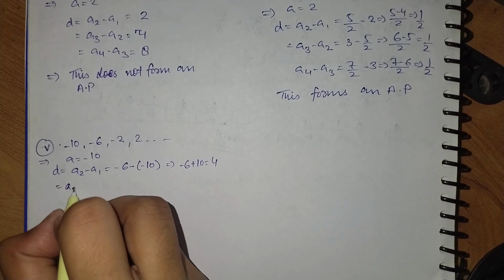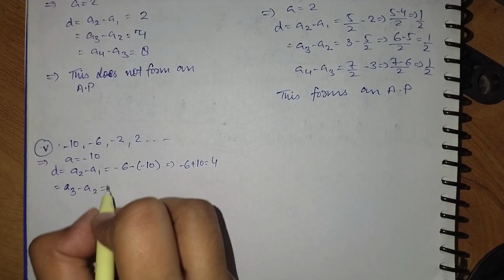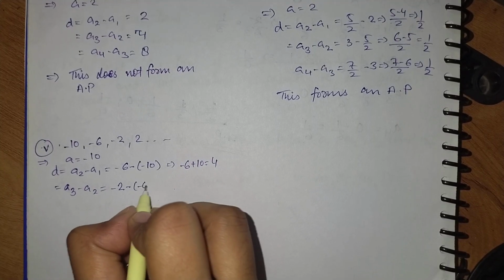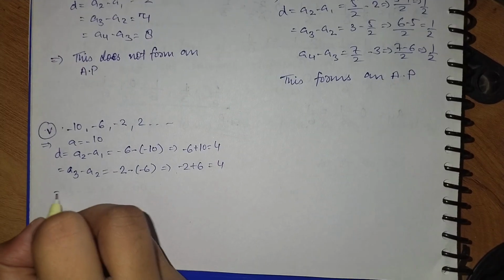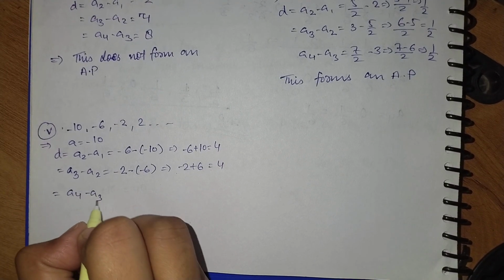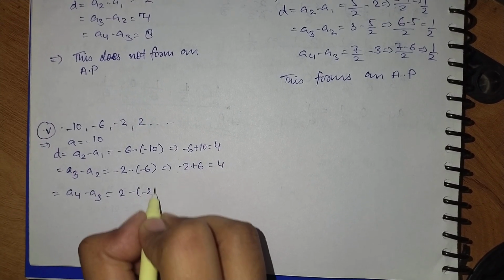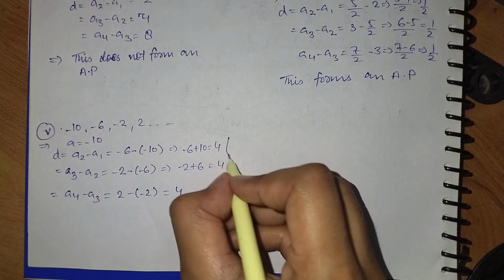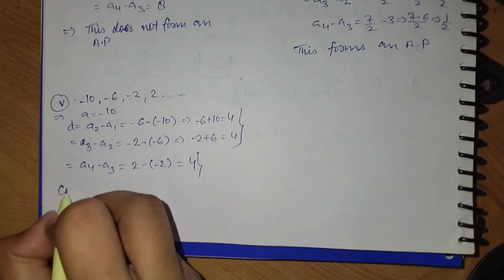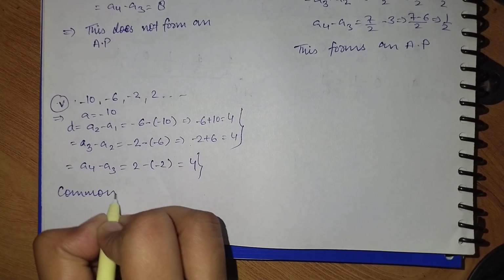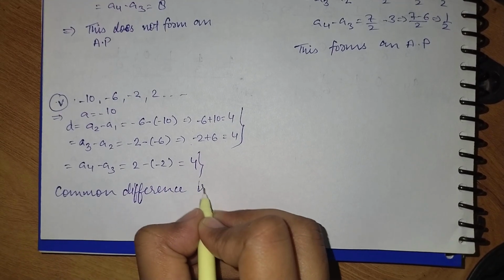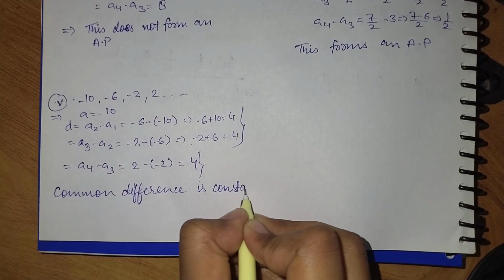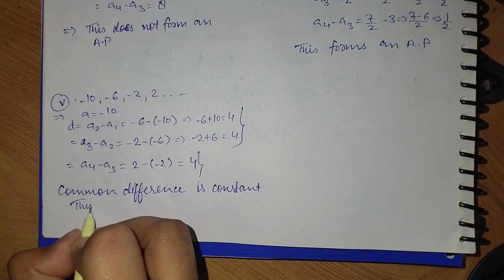Now A3 minus A2 equal to minus 2 minus minus 6 equal to minus 2 plus 6 equal to 4. Now A4 minus A3 equal to 2 minus minus 2 equal to 4. As this common difference is constant in this question, we can write common difference is constant in the whole AP. So this forms an AP.